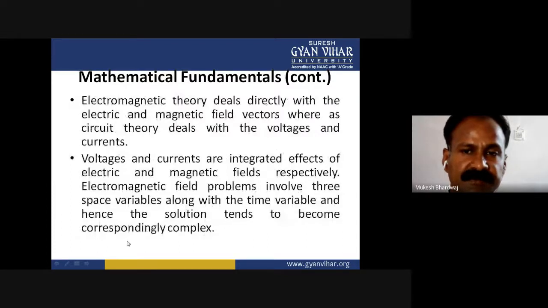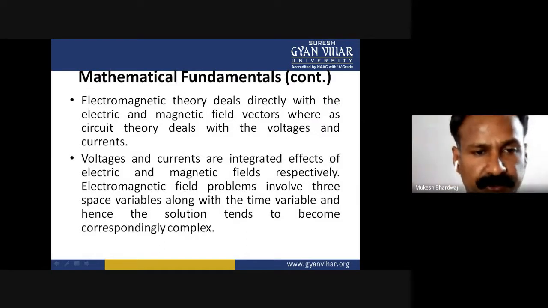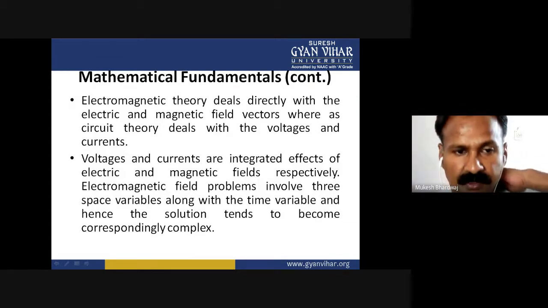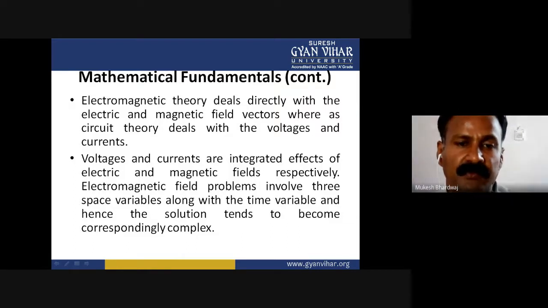Electromagnetic theory deals directly with the electric and magnetic field vectors, whereas circuit theory deals with voltages and currents. Voltages and currents are integrated effects of electric and magnetic fields respectively. Electromagnetic field problems involve three space variables along with a time variable, and hence the solution tends to become correspondingly complex.